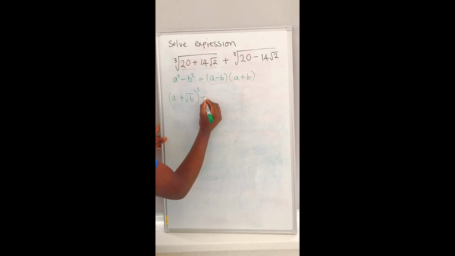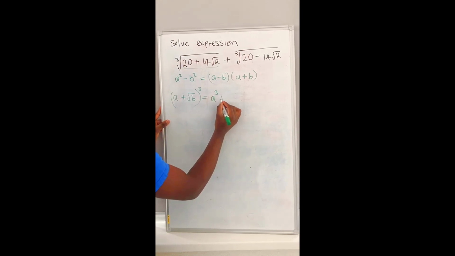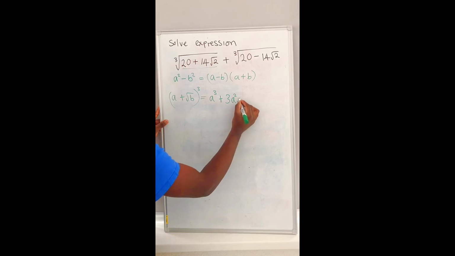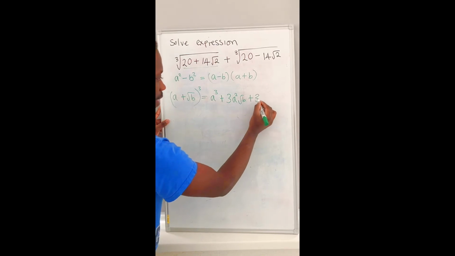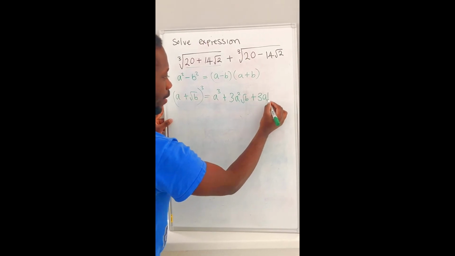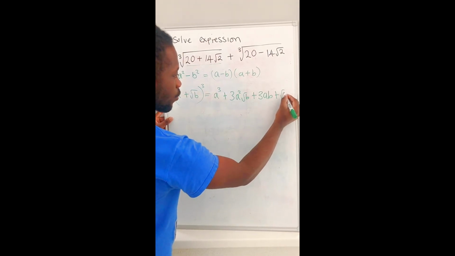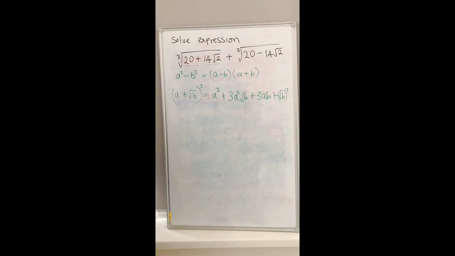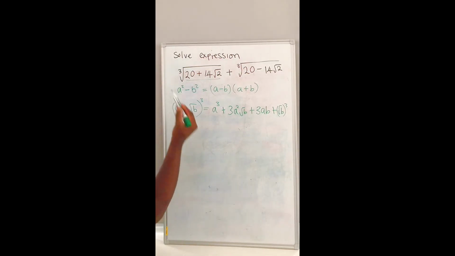So according to Pascal's triangle, if we expand this, this will give you a cubed plus 3a squared root of b plus 3ab plus root of b cubed.